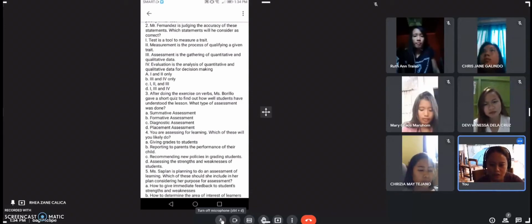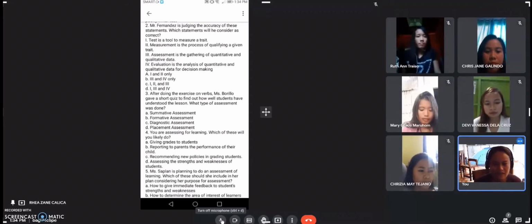Assessment is defined as a process of gathering data to better understand the strengths and weaknesses of student learning. So, for me, my answer is letter C because Ma'am Leva provide information about learning processes as well as the outcome. Next.